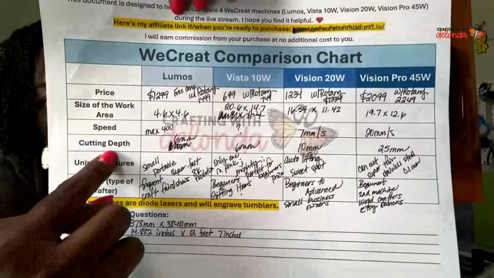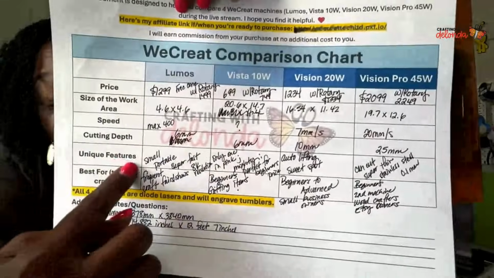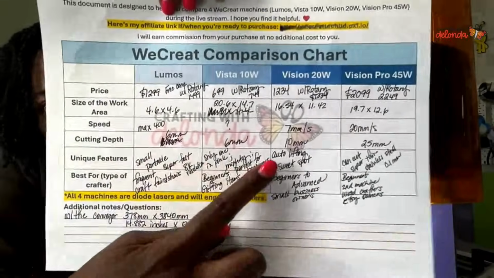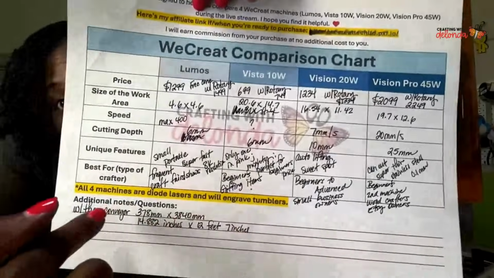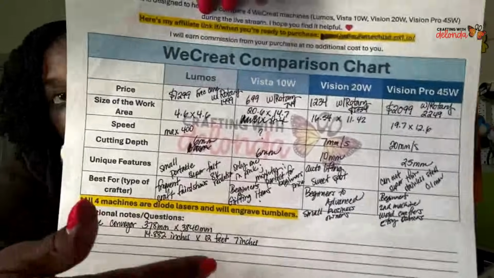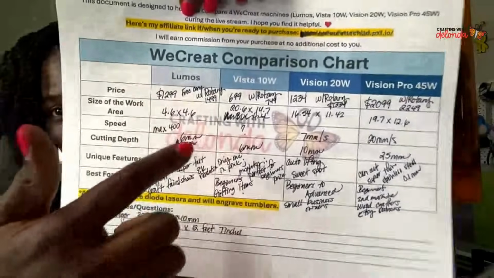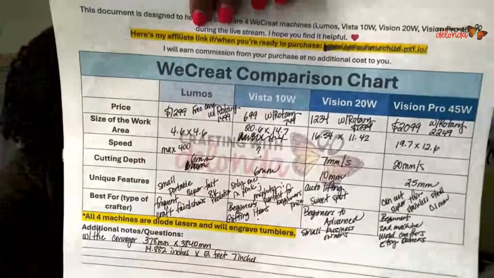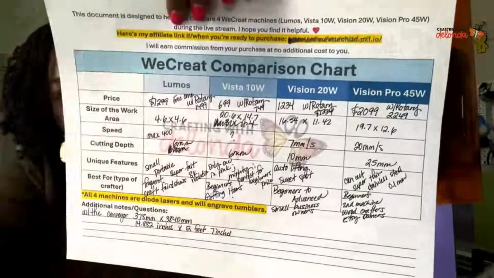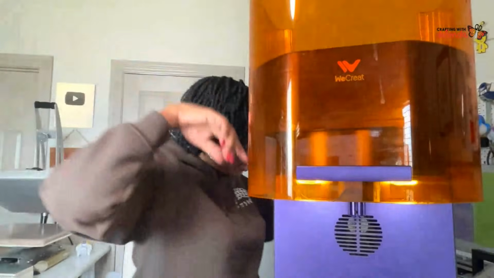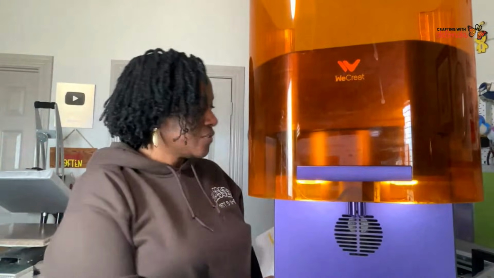I talked about the cutting depth of each one. I talked about what made each machine unique. I talked about who each machine was good for. And then I shared additional information. I do feel like if you watch the video where I talked about this and you use this document, you'll be able to make an informed decision on which one you think is best for you.